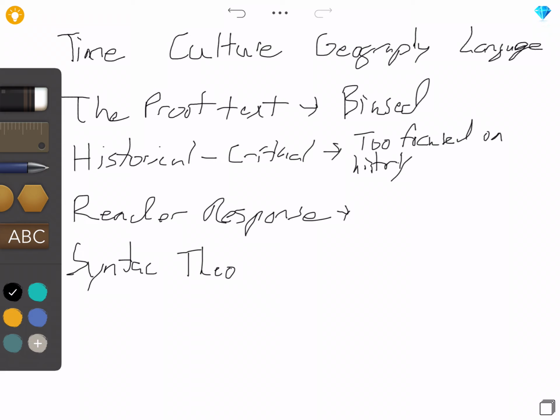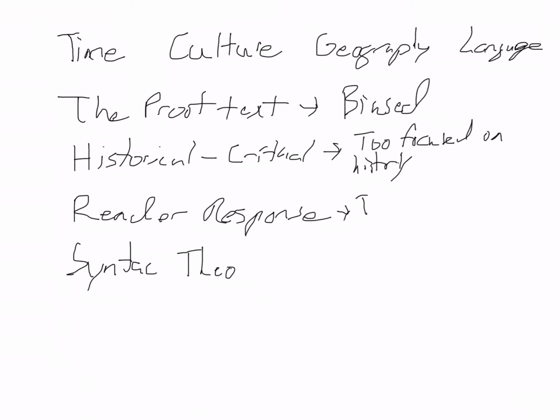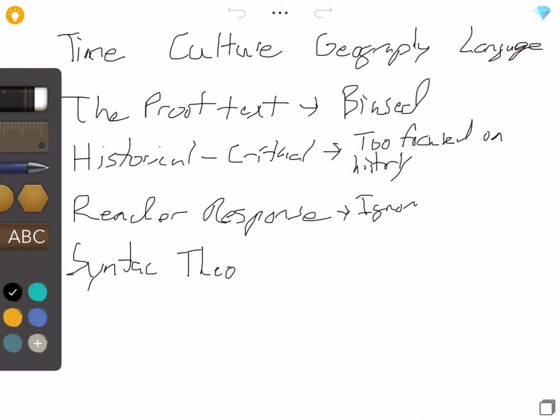So they don't really care what the author was trying to say, so they ignore the author and simply try to apply the text to modern society and to the individual's current needs.